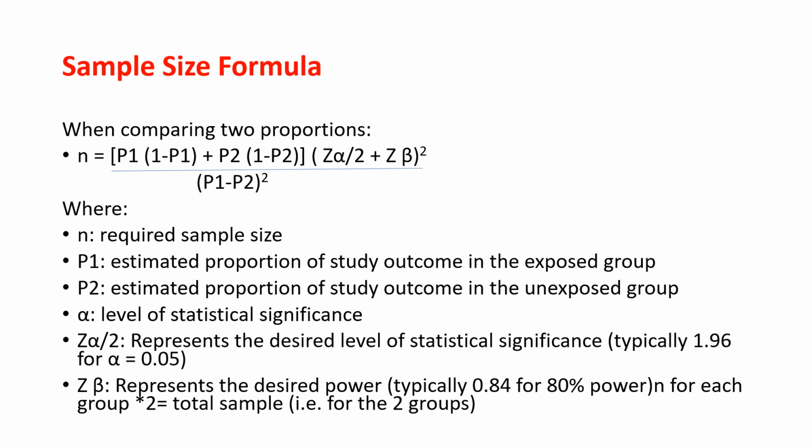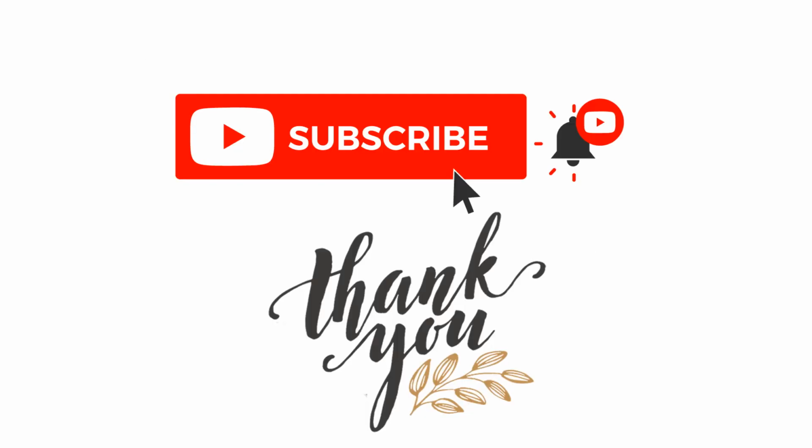Alpha is the level of statistical significance, z alpha by 2 represents the desired level of statistical significance, and z beta represents the desired power of the study, typically 0.84 for 80% power. This is for each group, multiplied by 2 for the total sample for the two groups.